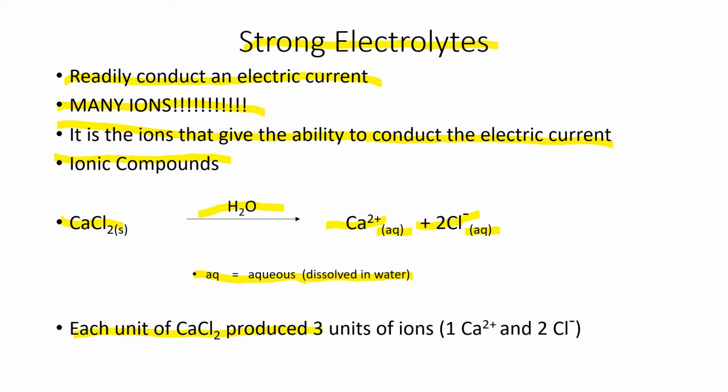Each unit of calcium chloride produces 3 units of ions: 1 calcium ion and 2 chloride ions. So if you had 100 units of calcium chloride, you'd get 300 total units of ions: 100 calcium ions and 200 chloride ions. So you want to associate your strong electrolytes with your ionic compounds.